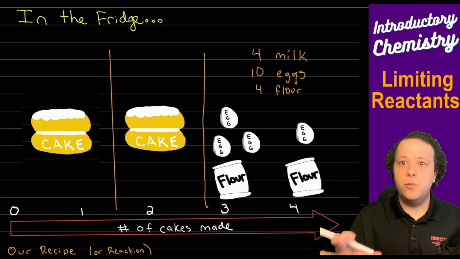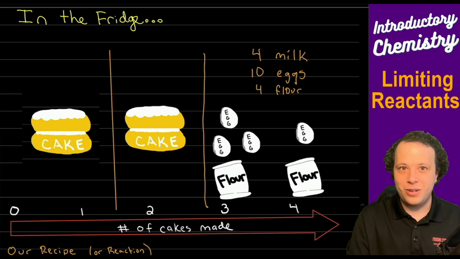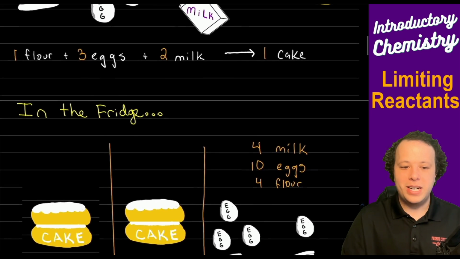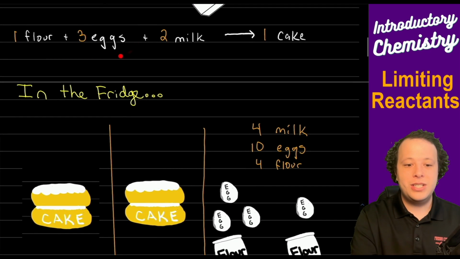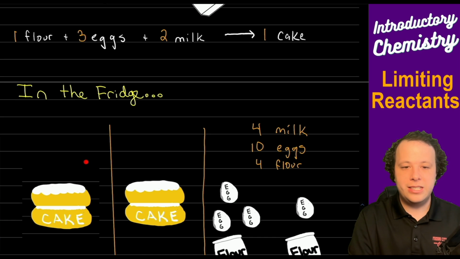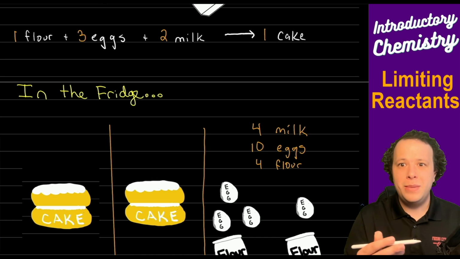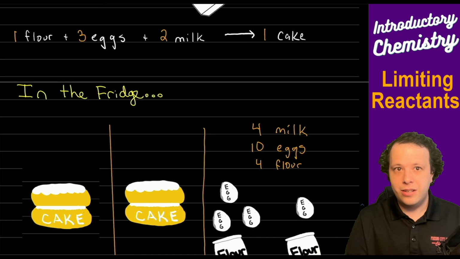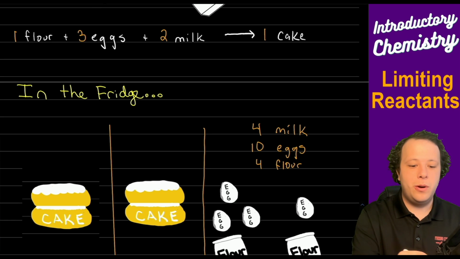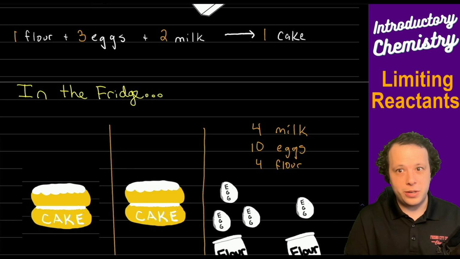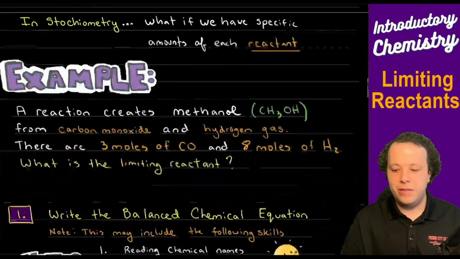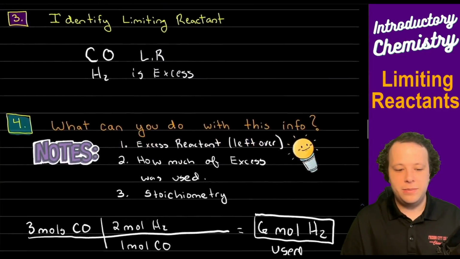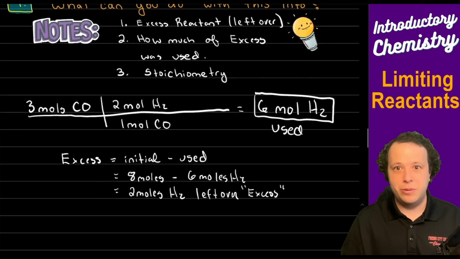But when we looked at what was used in this reaction, if we go back to our original recipe, for every 3 eggs required for each of these 2 cakes, that means that 6 eggs were used. Or if we look at the flour, we know that 2 flour were used. So it's all about the same type of information that is being used within the problem, and that's all about how you look at it.